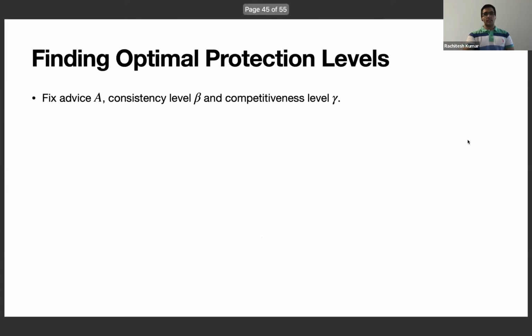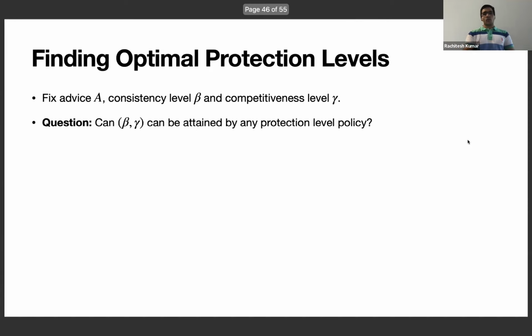And the way we do this is we first pose the question as that of a search. So given an advice, say consistency level beta and competitiveness gamma, we'd like to answer the question: can you attain beta and gamma using any protection level policy? If I can answer this question, then I can do a grid search or a binary search to compute the Pareto frontier for protection level policies.